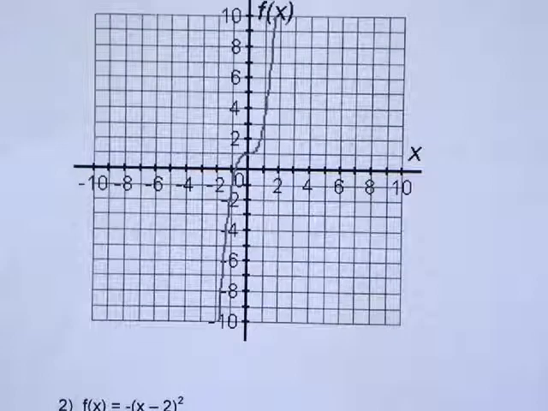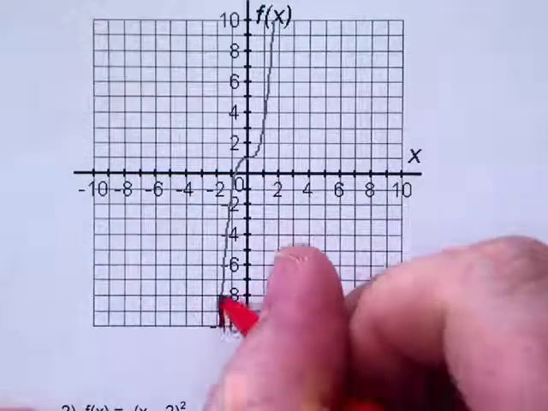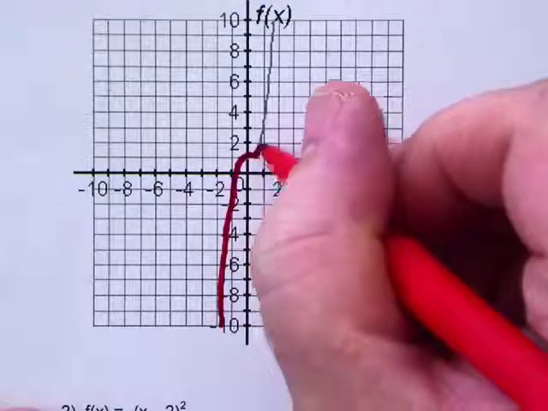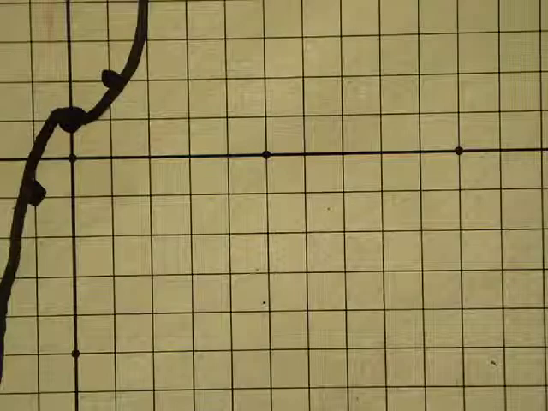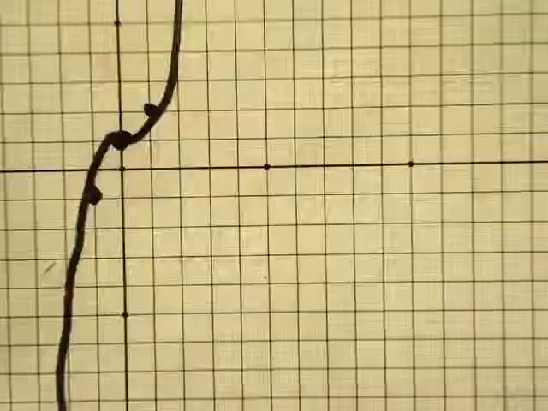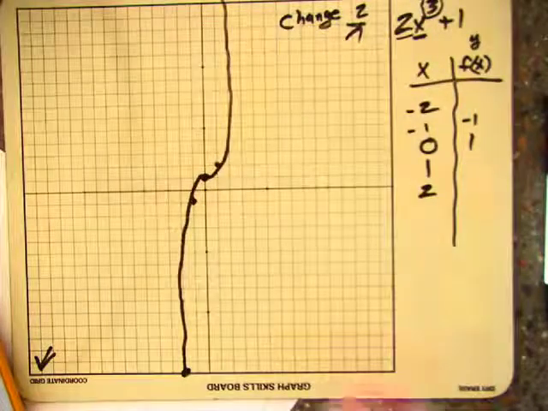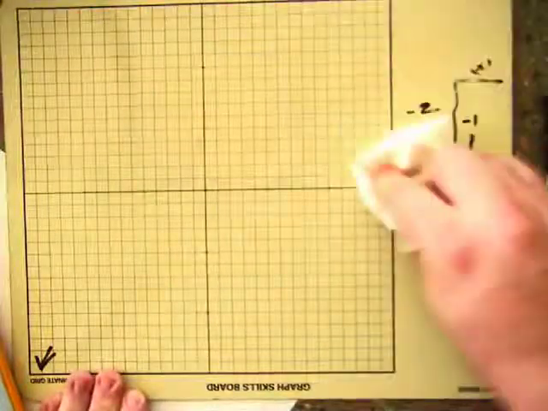You see how it comes up nice and neat, levels out at the plus 1, and then keeps going. What I need to know is where it crosses the y-axis and what it looks like. And where it crosses the x-axis. Those are the things I'm interested in. Okay, so let's try number 2.